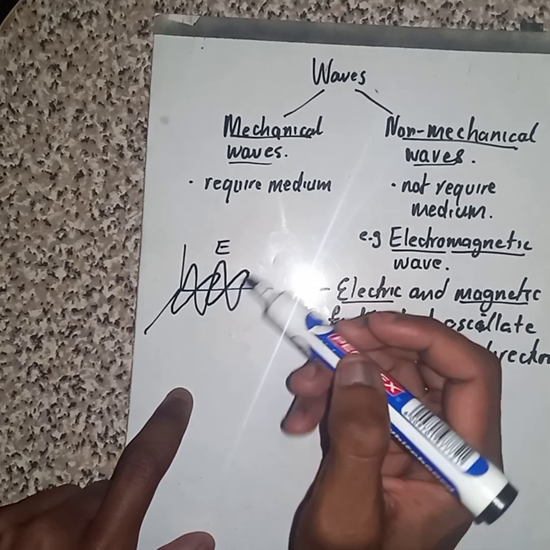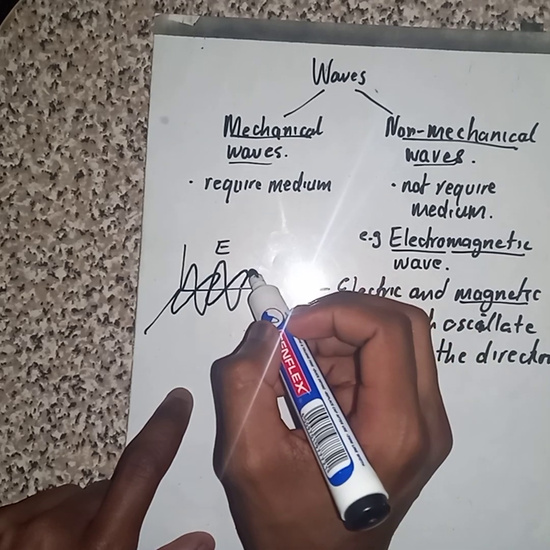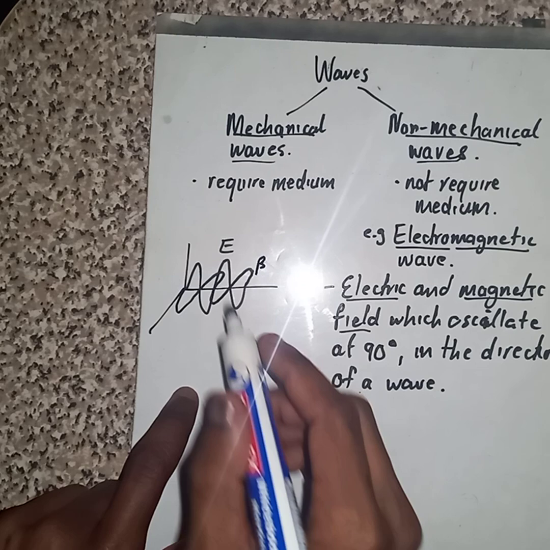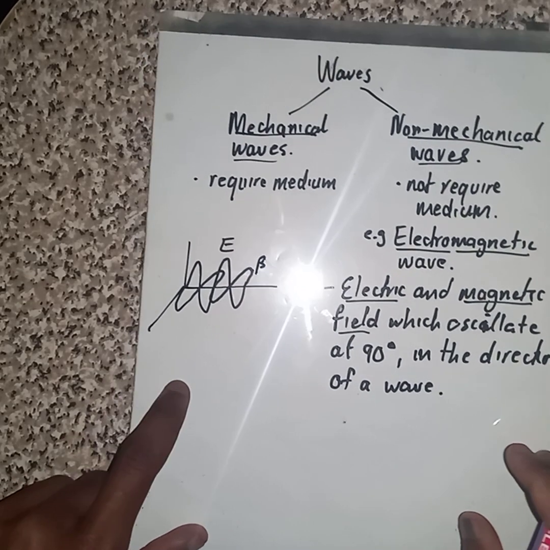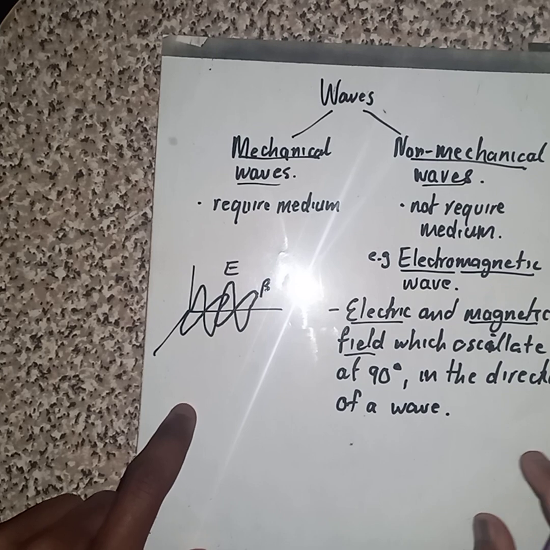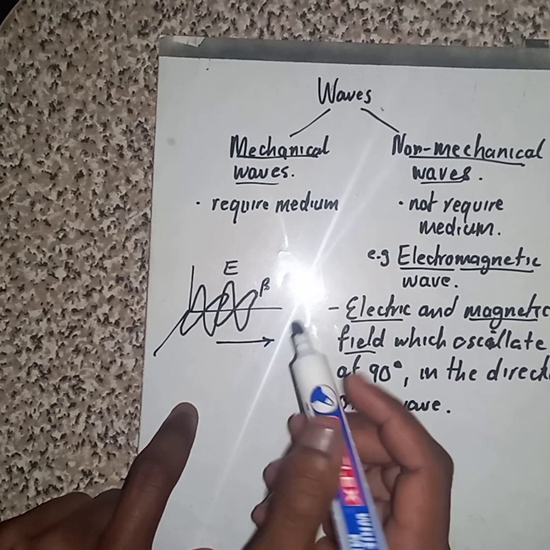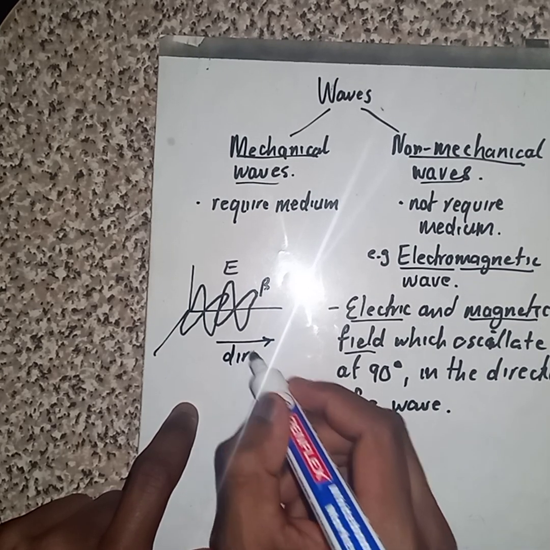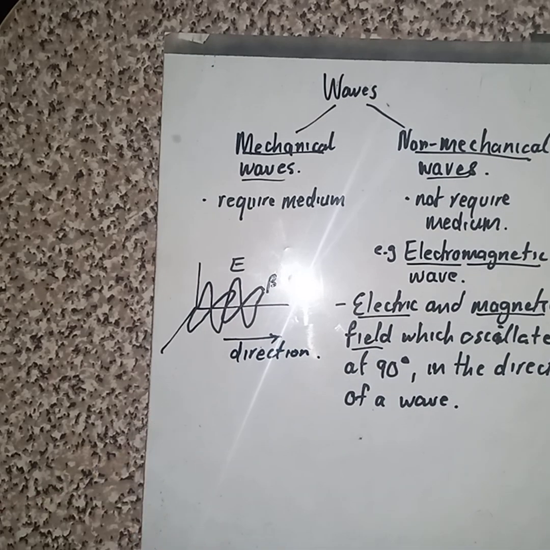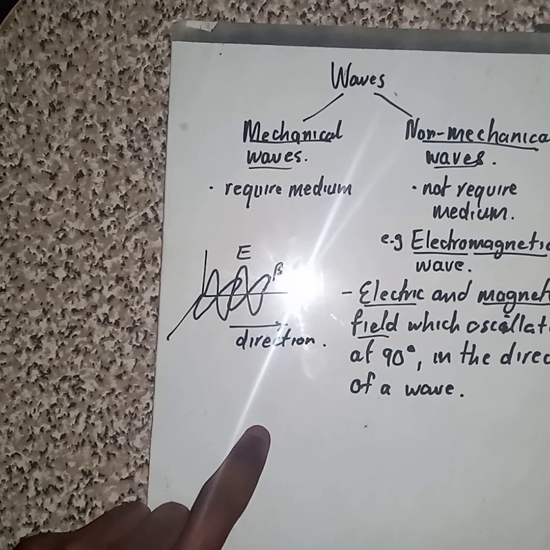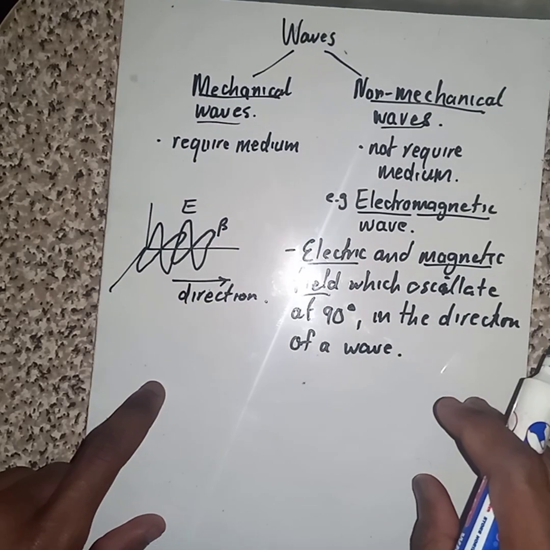The magnetic field. Magnetic field as well as electric field over there. You see, they are perpendicular to the direction of a wave.